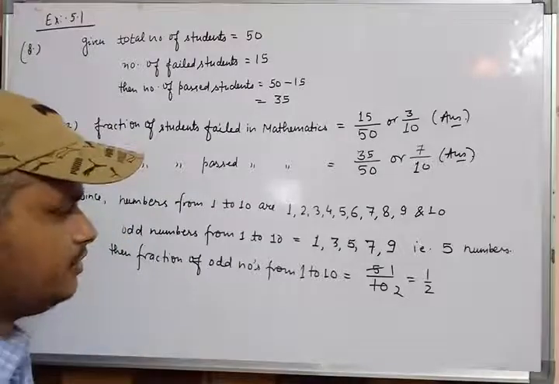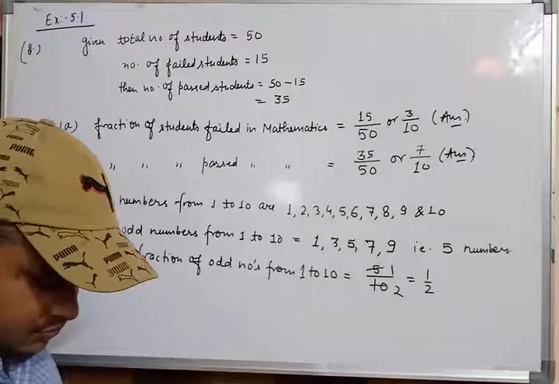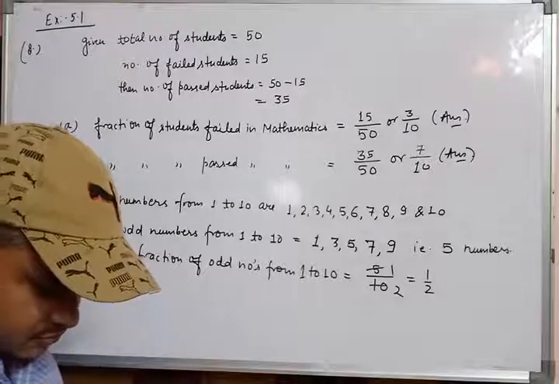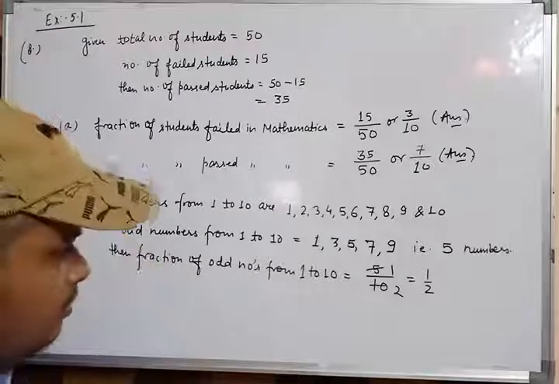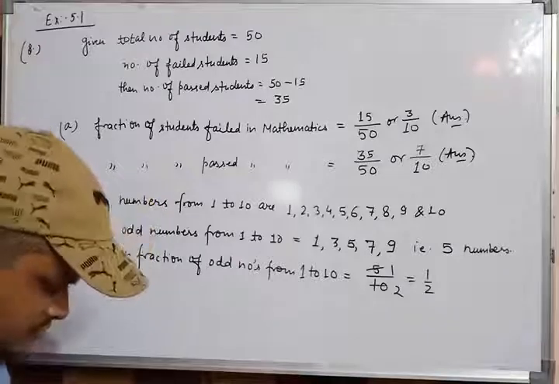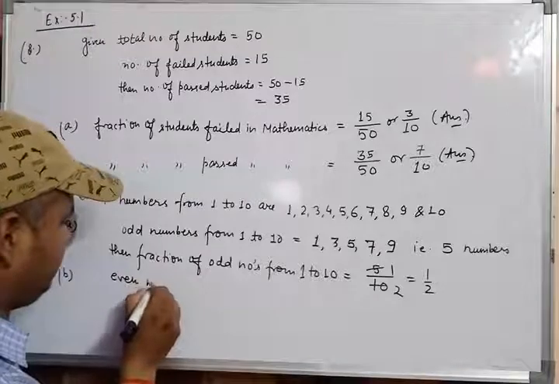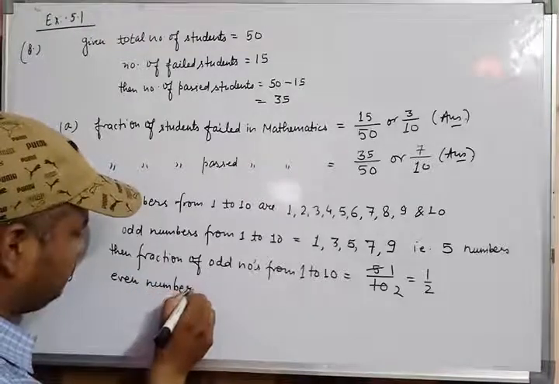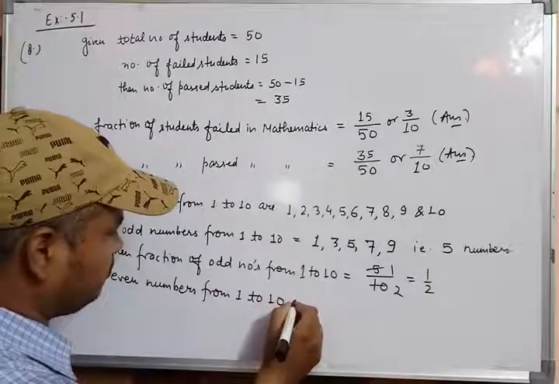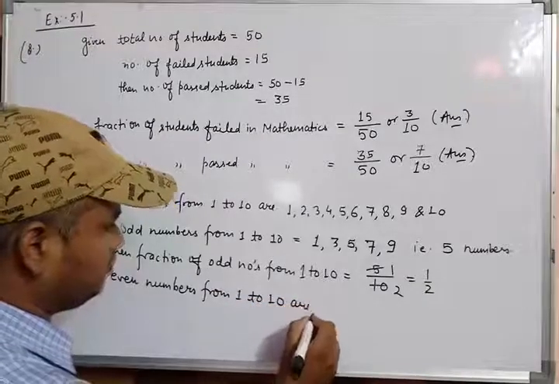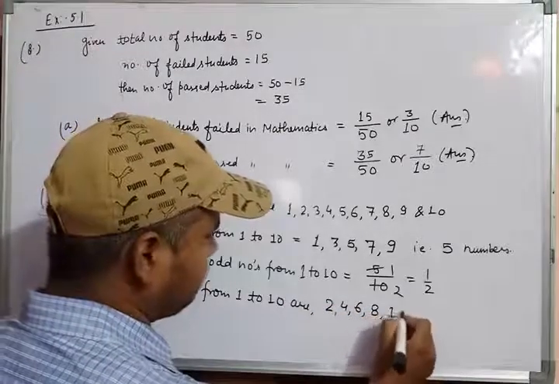In the same way we can write even numbers. The even numbers from 1 to 10 are 2, 4, 6, 8 and 10.